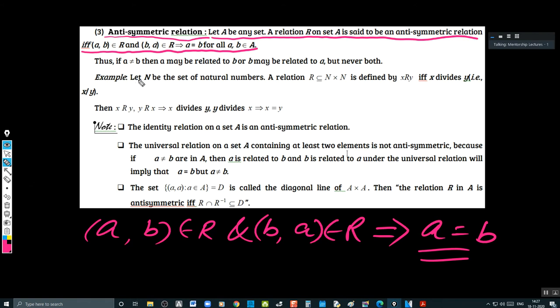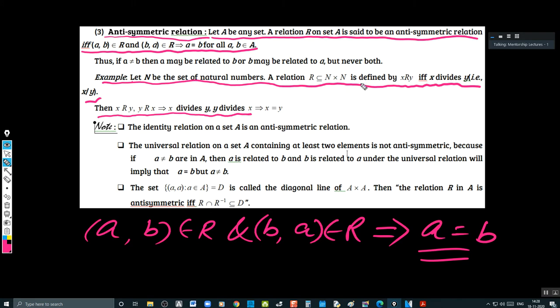Let us understand this example here. Just see this, please. Let N be the set of natural numbers. A relation R, a subset of N cross N, is defined by x R y if and only if x divides y, that is x by y. Then x R y, y R x implies x divides y and y divides x. When is it possible?